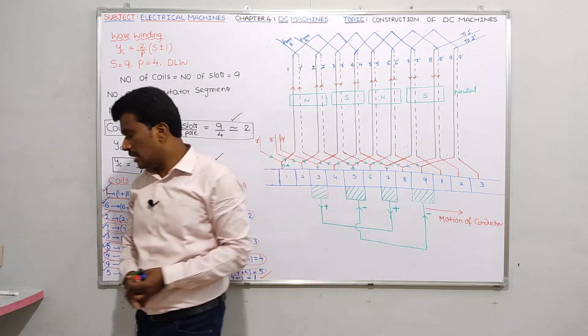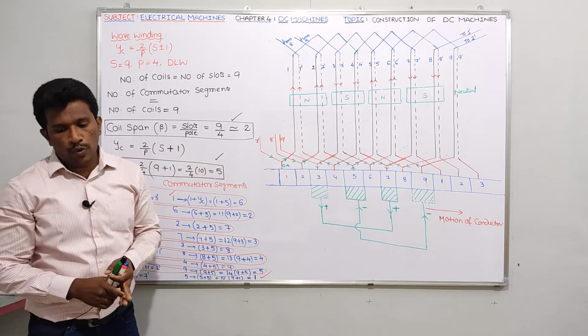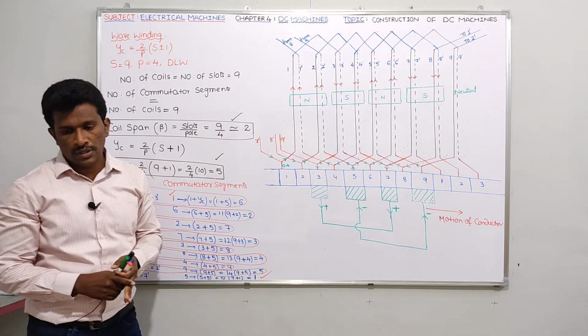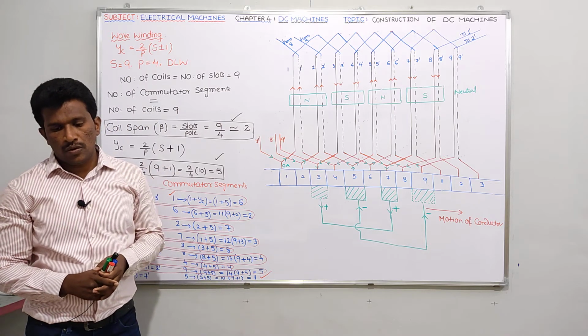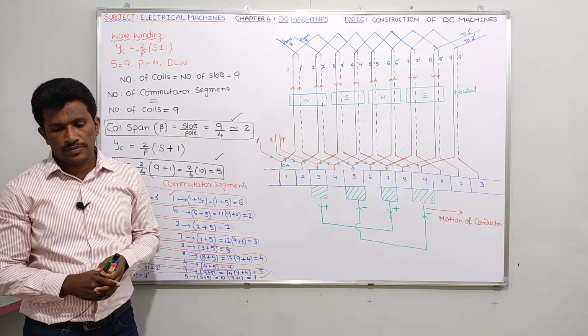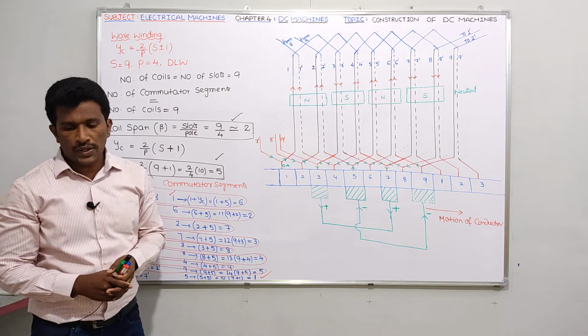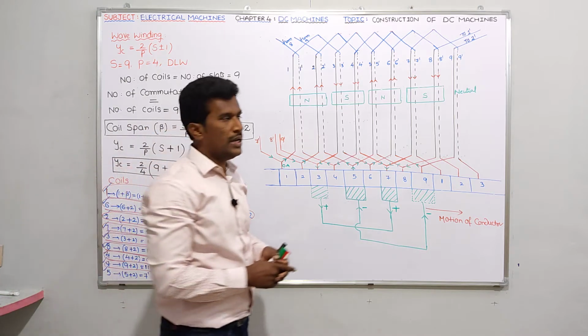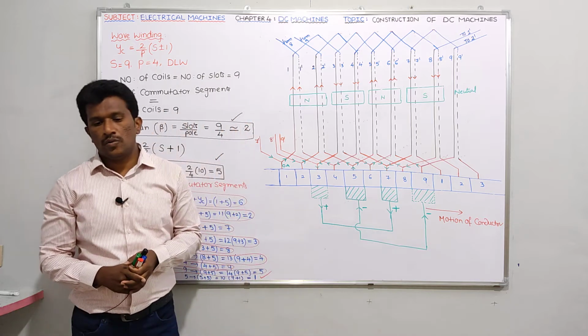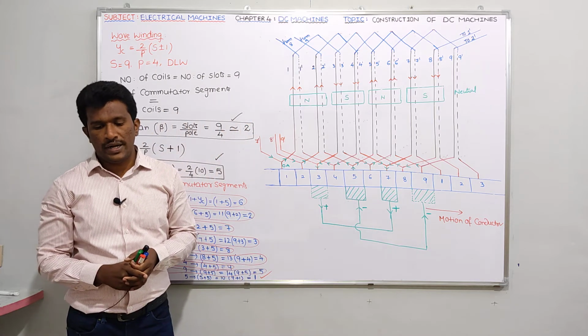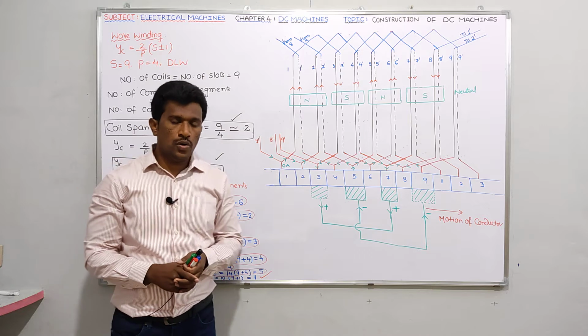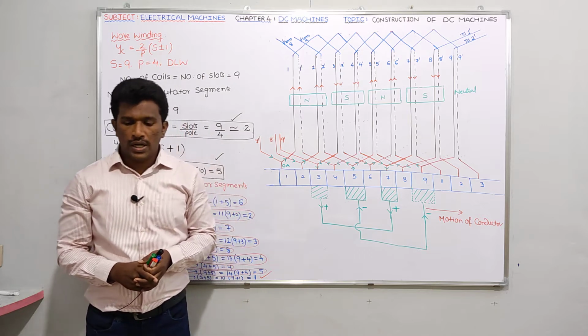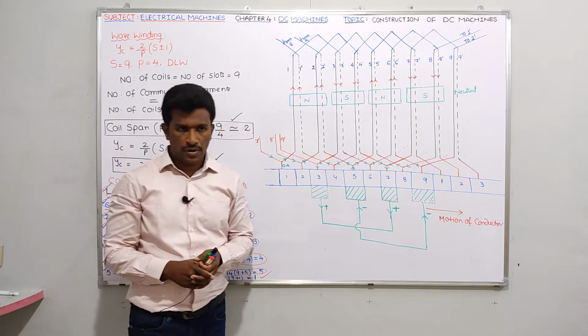Theoretically, there are only two parallel paths in wave winding. So we require only two brushes.